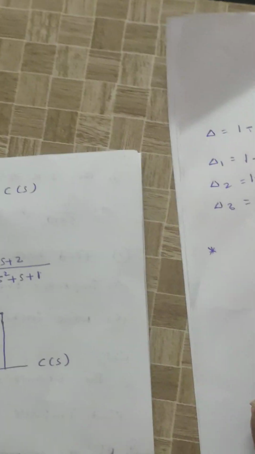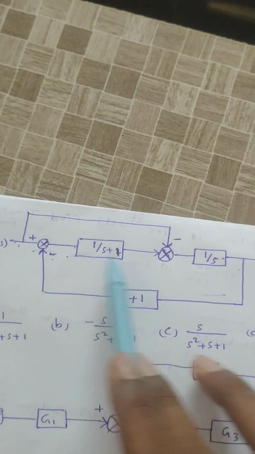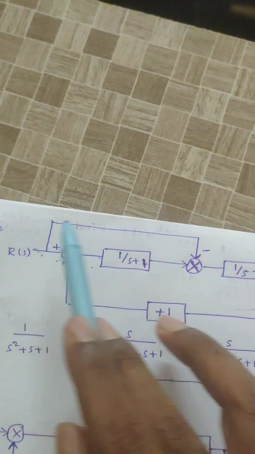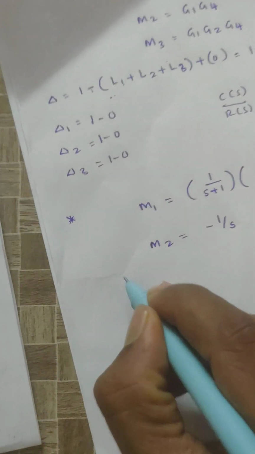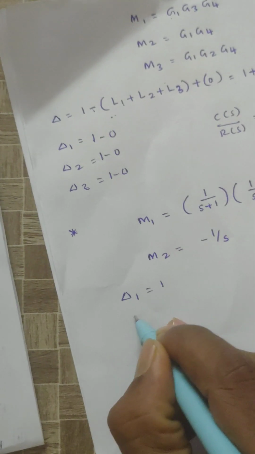Next see here, the first forward path is touching loop 1, and the second forward path is also touching loop 1, right? That means delta 1 value is 1, delta 2 value is 1, right?